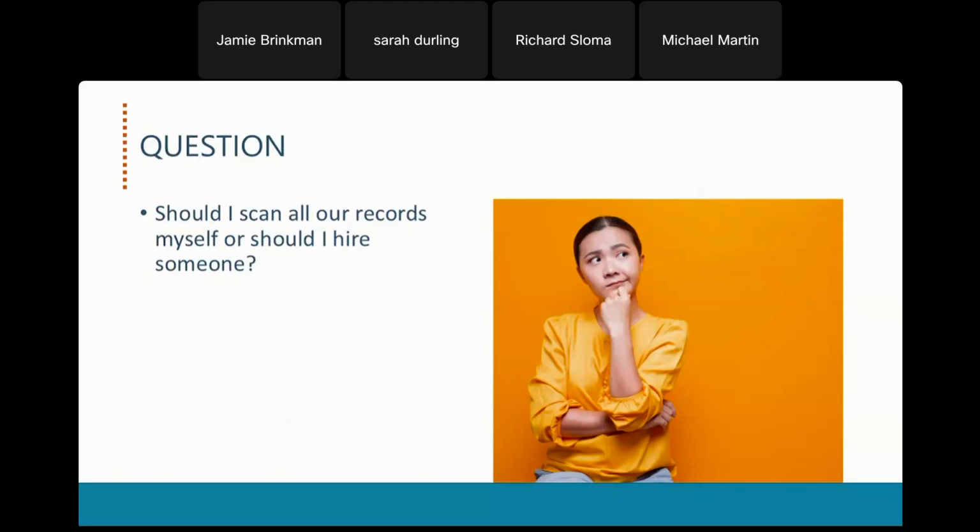The idea about, should I go with a vendor or should I not? It all depends on the size of the project and also your familiarity with scanning records, being able to maintain the digital images, and feeling comfortable creating high quality images with the formats, preservation, and resolution that we discussed previously in the imaging guidelines.